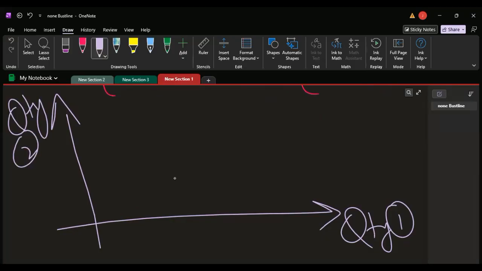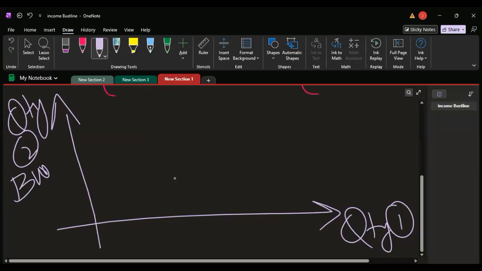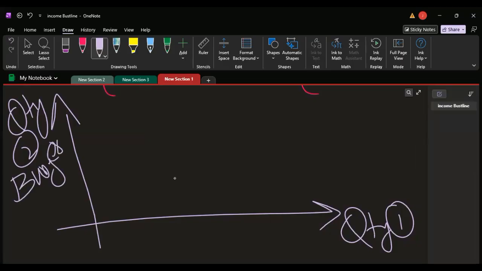In our previous example, it was burgers. So burgers are taken on the y-axis while pizza is taken on the x-axis. And here is our budget line, it is our BL naught.